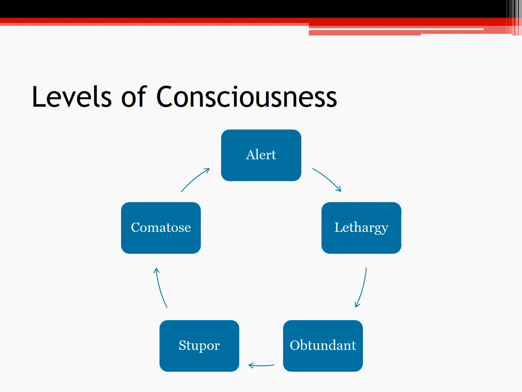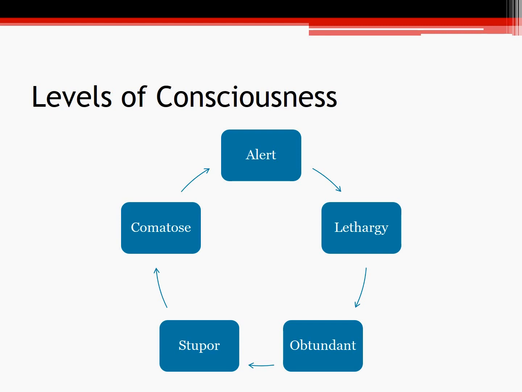Just briefly go over the various levels of consciousness that you could actually document. Your patient could be alert, which means that they respond readily. They may be confused, but they are alert. They could be lethargic, just means that they're drowsy, but they can be aroused. They could be obtunded, which means they are difficult to arouse.